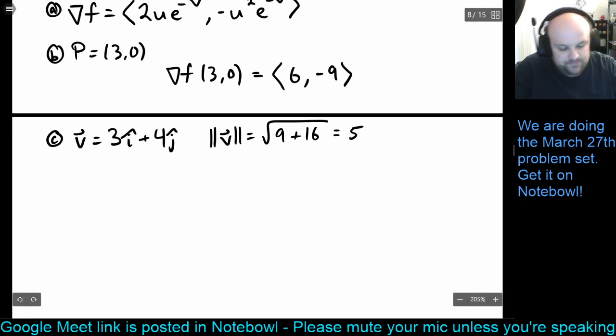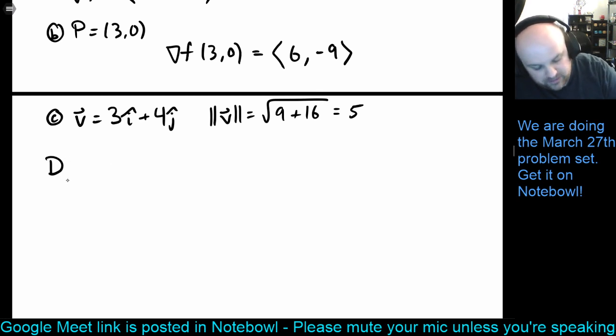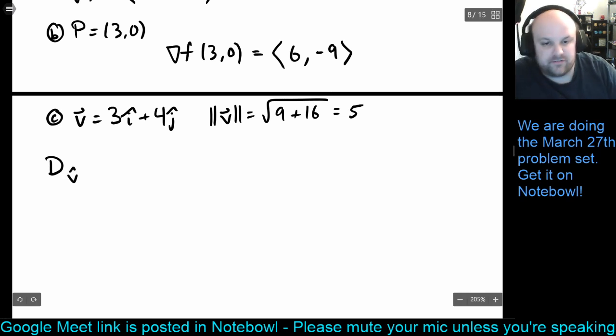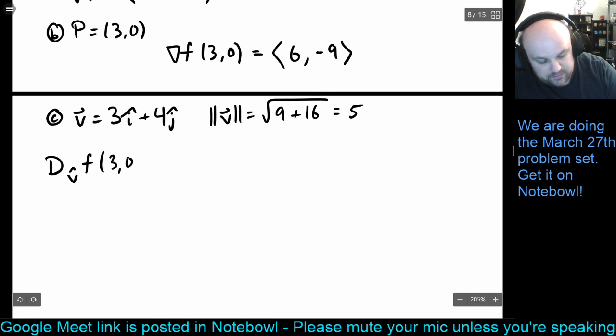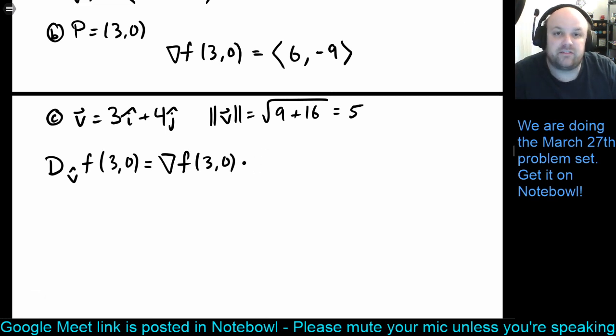So when we compute this directional derivative, we need to compute it in the direction of v hat of f at (3, 0). Remember, this is going to be the gradient of f at (3, 0) dot product with the unit vector in the direction of v.